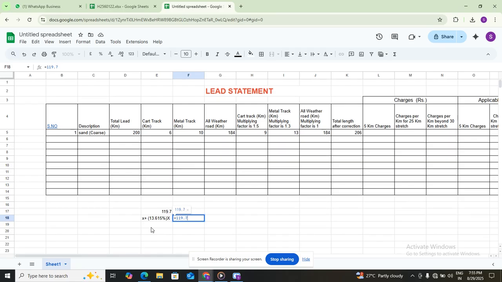Now we need to take x common on both sides. x is the same, that's why x times (1 plus 13.615 percent) equals 119.7.